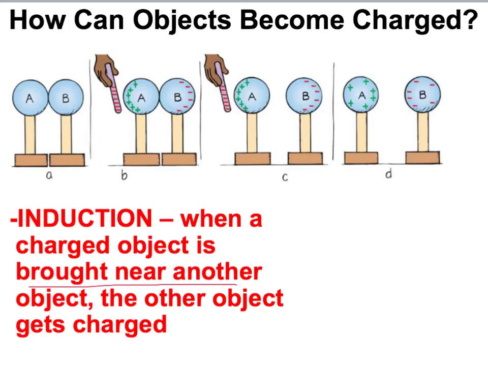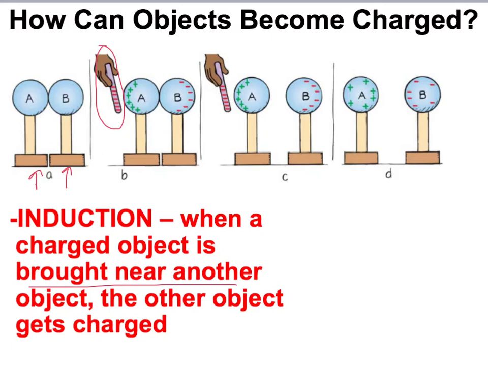In this case, A and B are two metal spheres. If you bring a rod with a negative charge close by, remember our two rules: opposites attract and like charges repel.